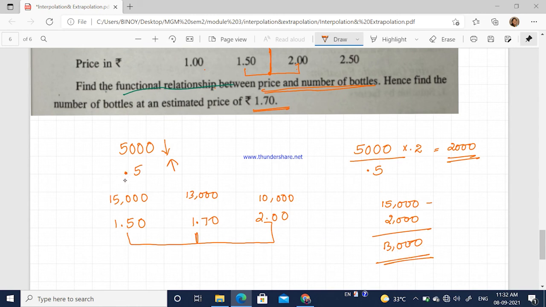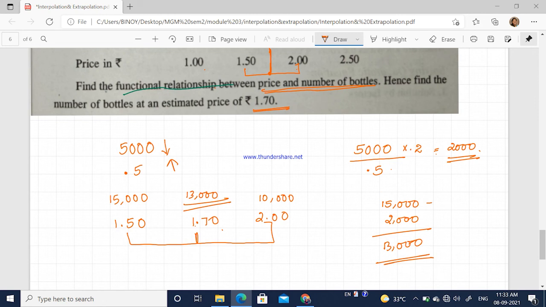There was a 50 paise increase, and there is a decrease of 5,000 bottles. So 5,000 by 0.5 into 0.2 gives you an answer of 2,000. From 15,000 you have to subtract 2,000, so you got 13,000. So at 1 rupee 70 paise, the number of bottles is 13,000.